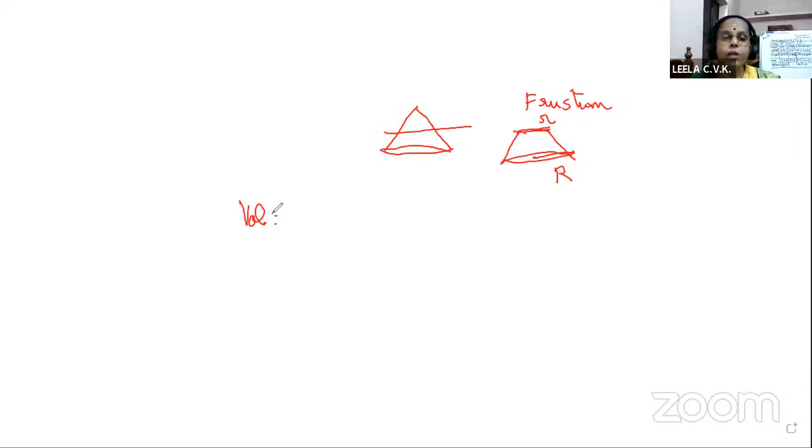See, volume of cone we know. What is the volume of cone? 1 by 3 pi r square h, isn't it? It was an easy one. But here not one r, there is capital R and small r, both are there. So the volume is 1 by 3 pi, which is common, into R square plus r square.